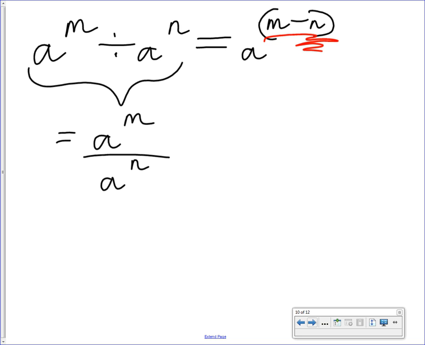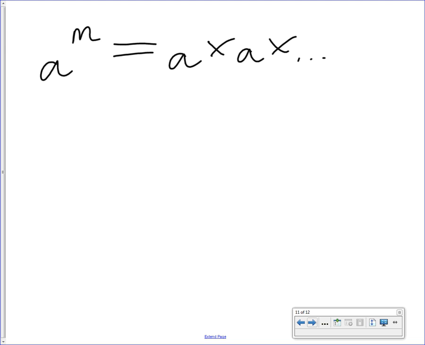Now, the final basic rule to talk about is powers within powers. What do I mean? Well, for example, if I had a to the power of m, we know that's going to be a times a times a times a times a times a, m times.